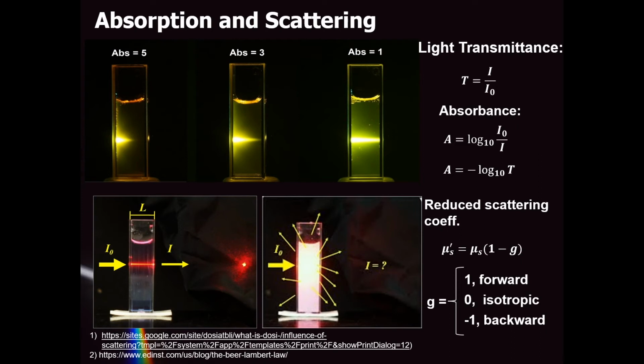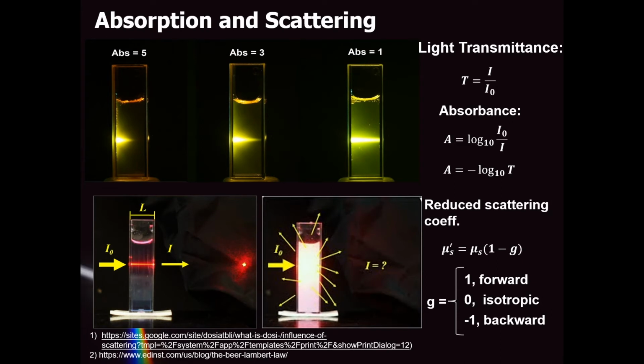Light transmittance, which can be calculated by this formula, is the ratio of transmitted light to the incident light, and absorbance is the negative log of the transmittance. Which means that by increasing the absorbance, the amount of transmitted light will be decreased.